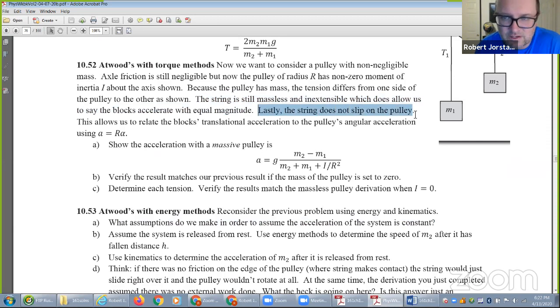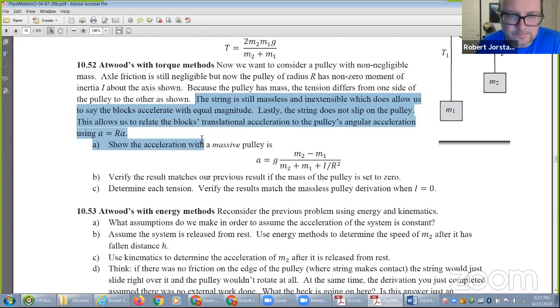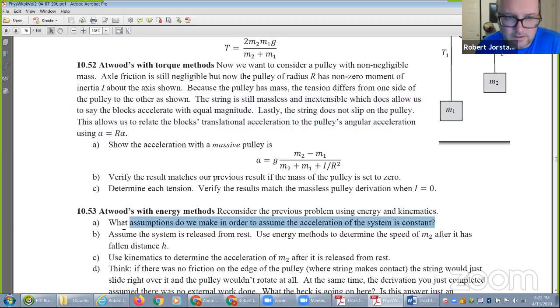We're also assuming the string does not slip on the pulley so that we can use this result. As long as these sentences are true up here, we can do this work right here.